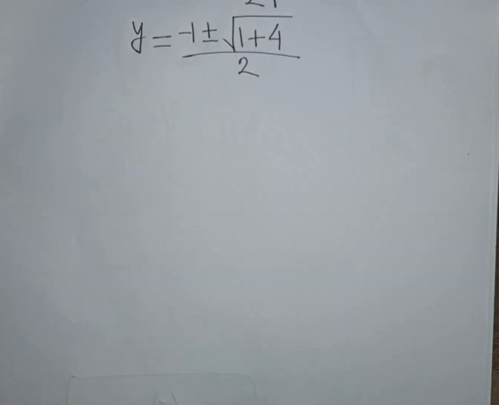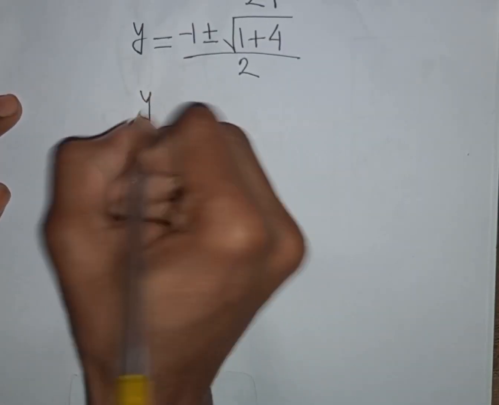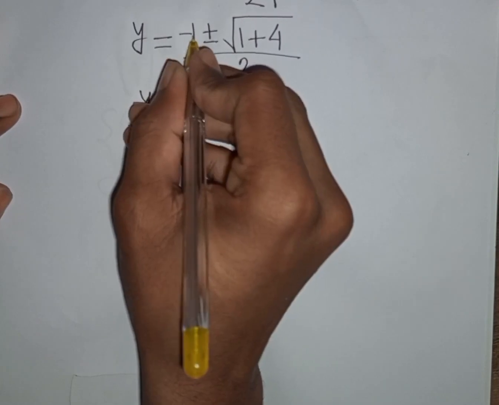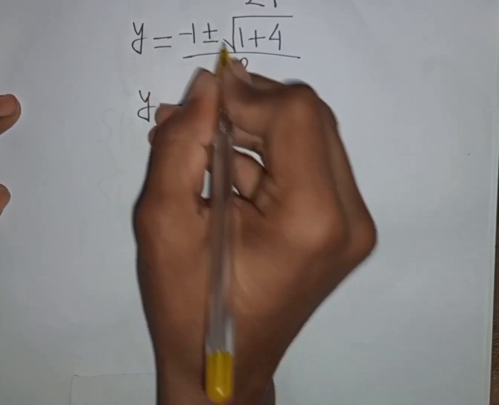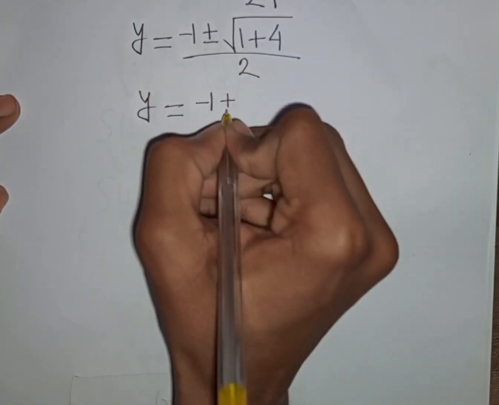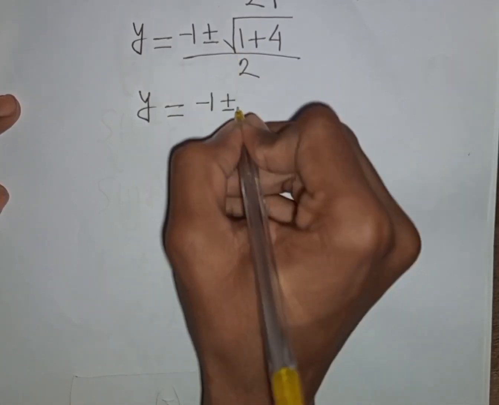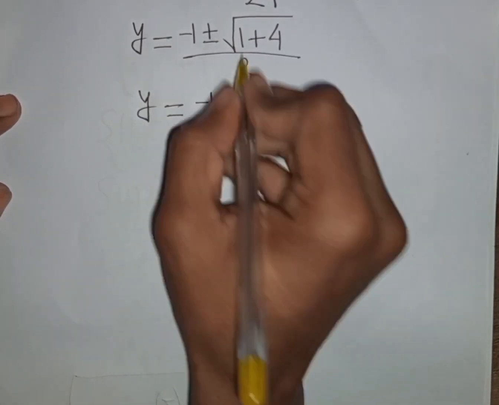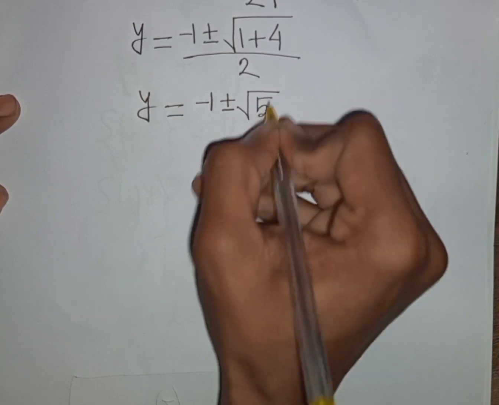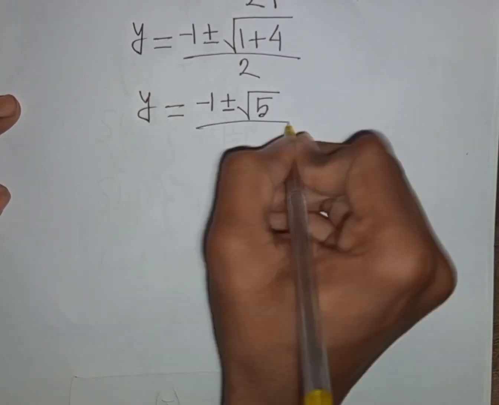Now we can write y is equal to -1 plus or minus the square root of 1 plus 4, that means 5, divided by 2.